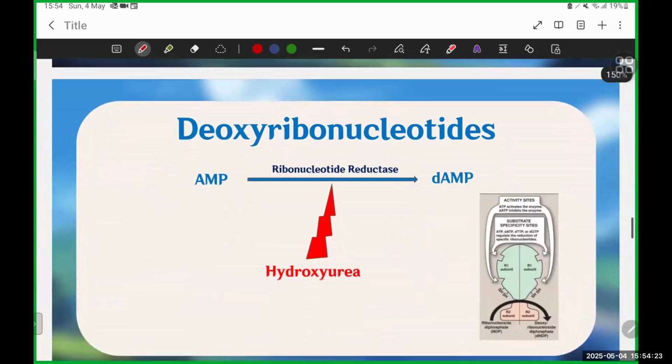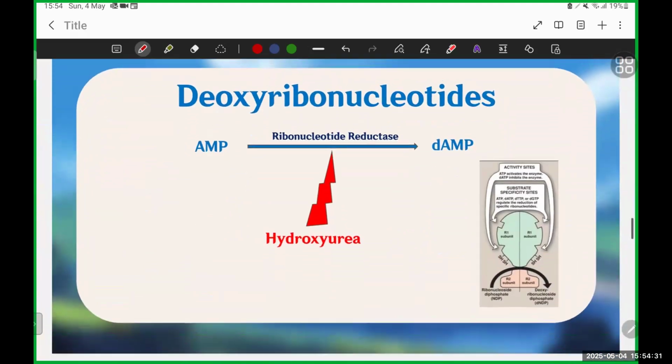All right, the drug here. There's another drug. There's a lot of drugs in this, honestly. I never realized that until I studied this again. Deoxyribonucleotides. You have AMP to dAMP, and you have something called hydroxyurea. Okay, don't get this confused with the insulin drug.